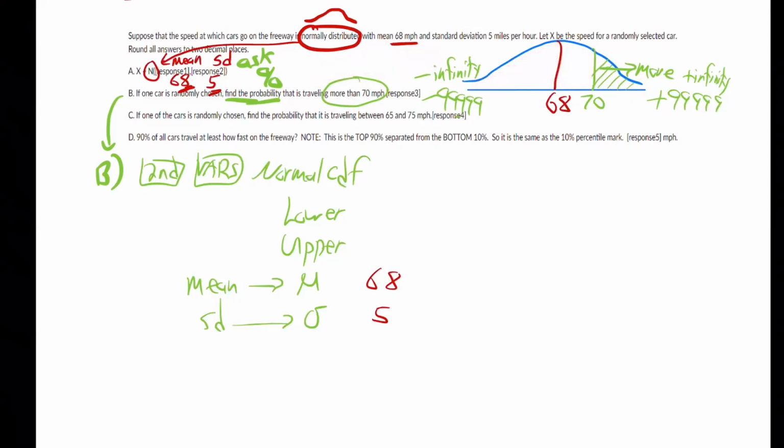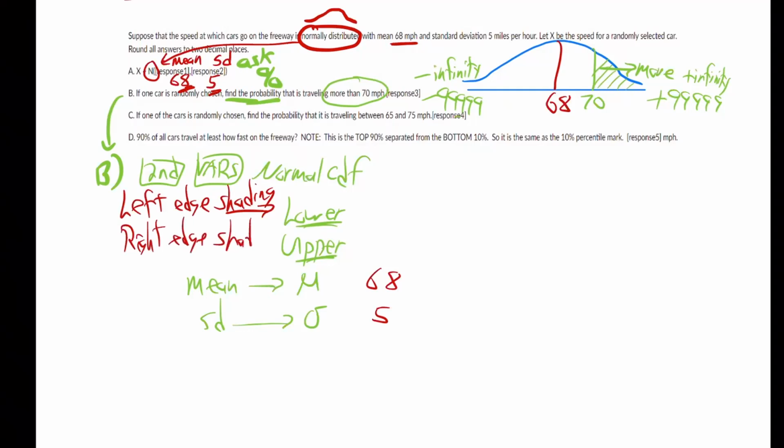Okay, so now when we come to this lower upper, what does lower upper mean? Well, lower and upper mean really the left edge of the shading and the right edge of the shading.